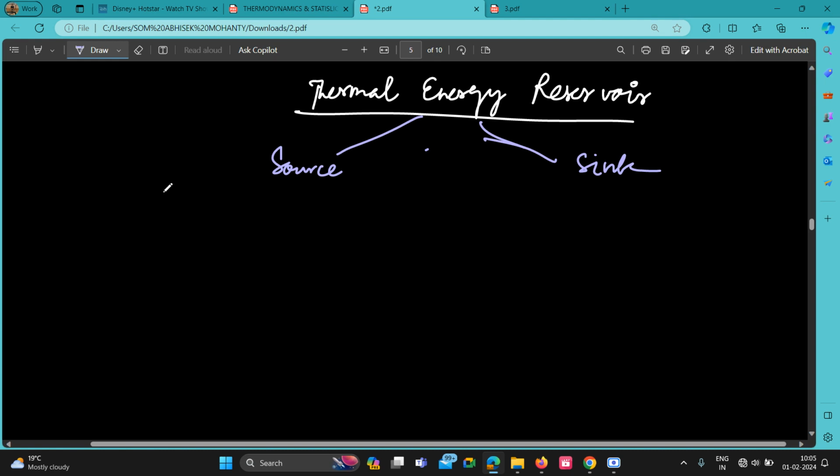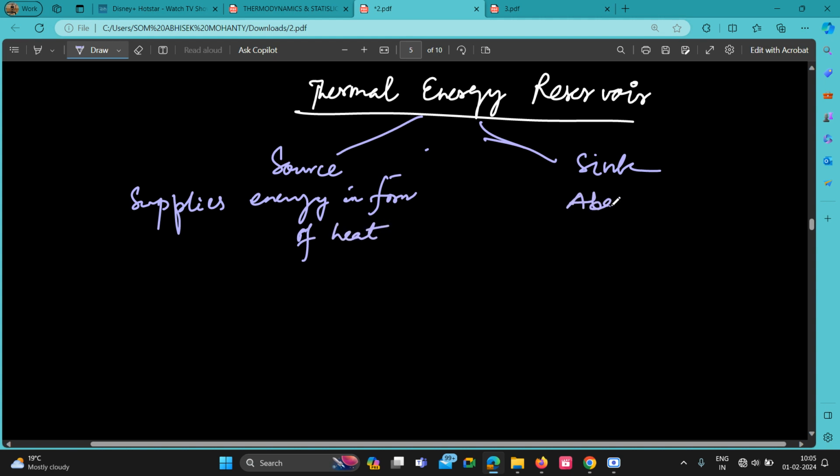Source is what supplies energy. The source actually supplies energy in the form of heat. Sink absorbs energy in the form of heat.